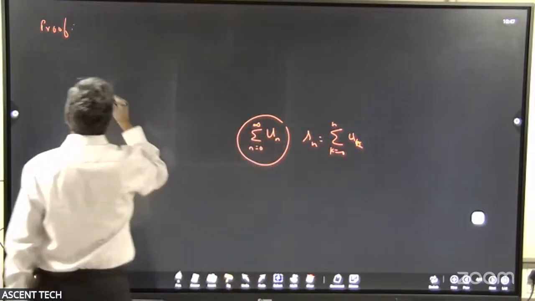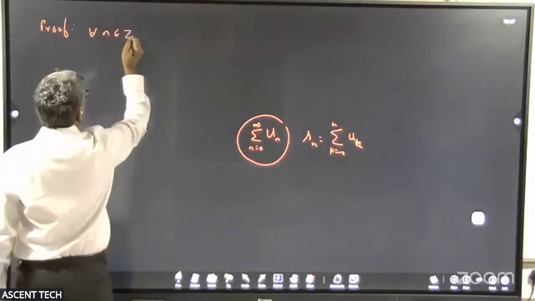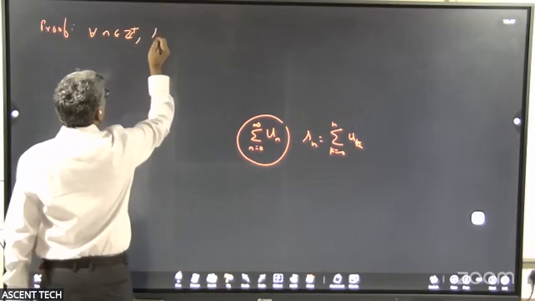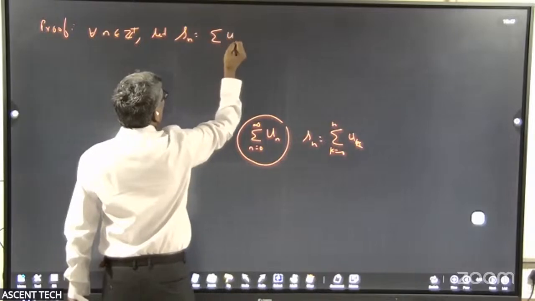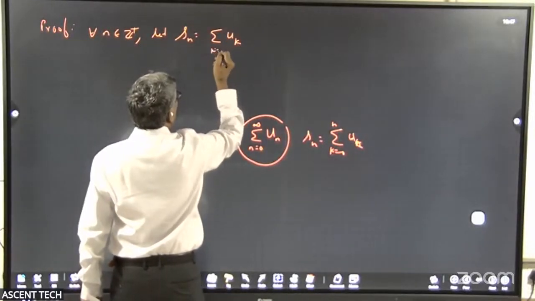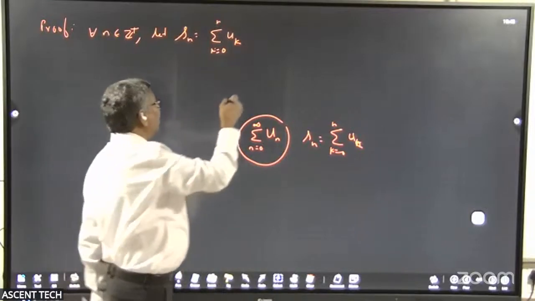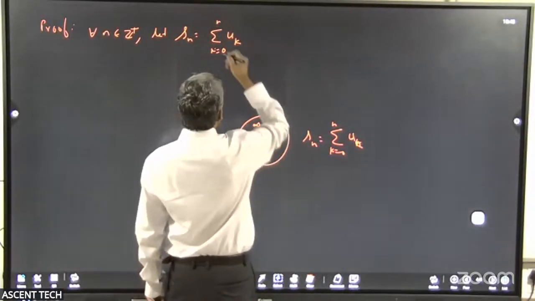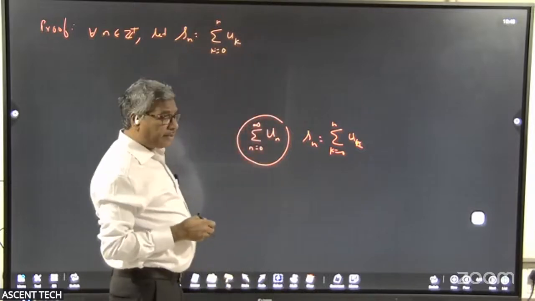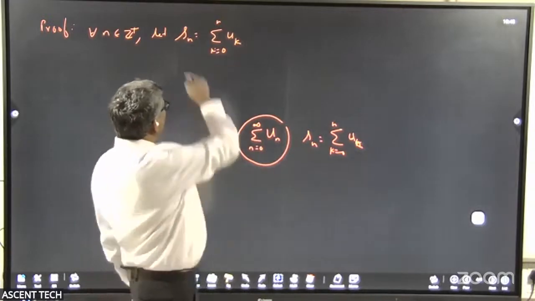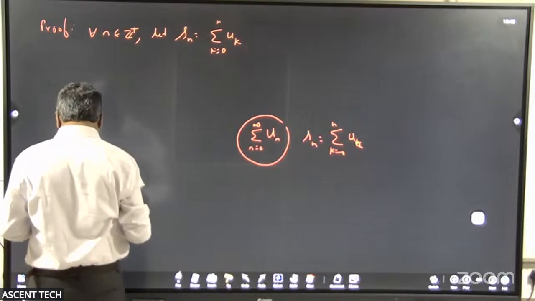So let's do this. For each n a natural number, let Sn be sigma uk, k equal to 0 to n. So Sn is a function now. Okay? Sn is a function. For every x, Sn(x) is sigma uk(x). I want to show that this sequence is going to be Cauchy.